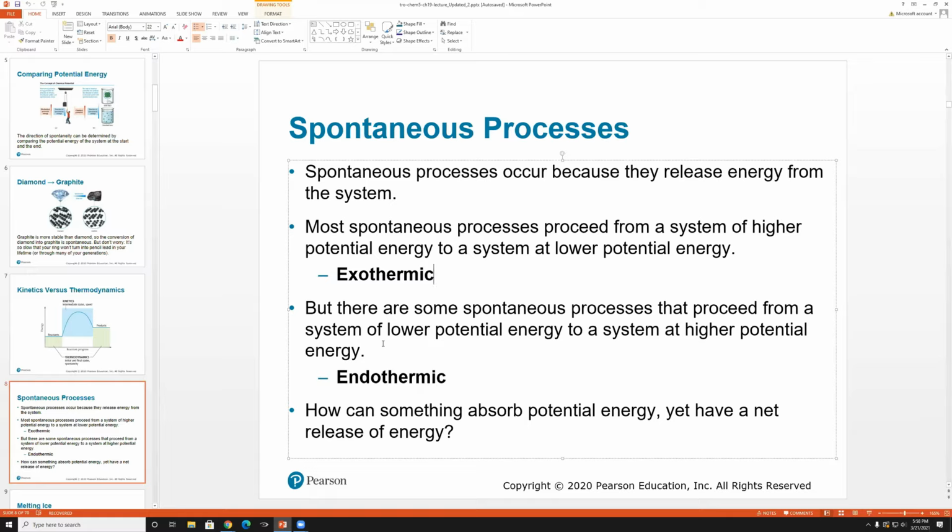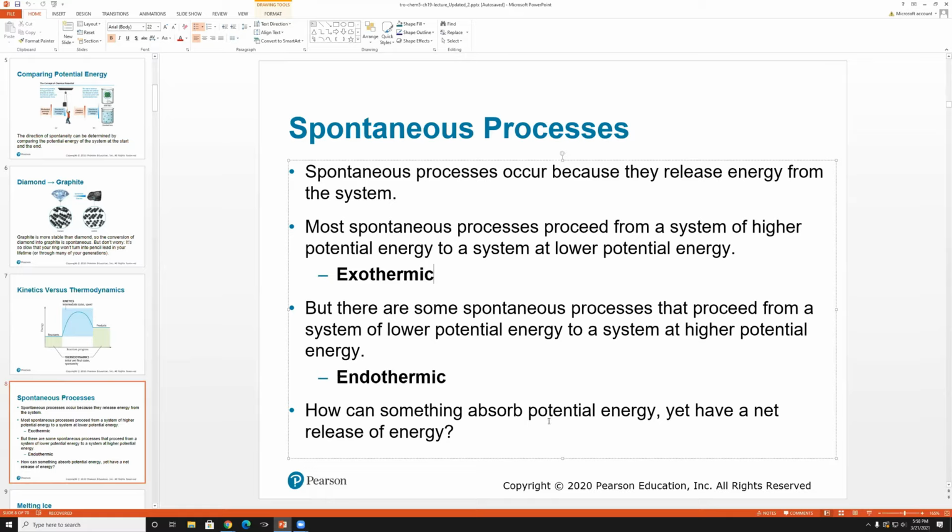We went over this in chapter 9 and chapter 11 with the VSEPR model and the bond orbital diagrams. That is an exothermic process, and most of these stable covalent bond formations are exothermic. But there are some spontaneous processes that are endothermic.